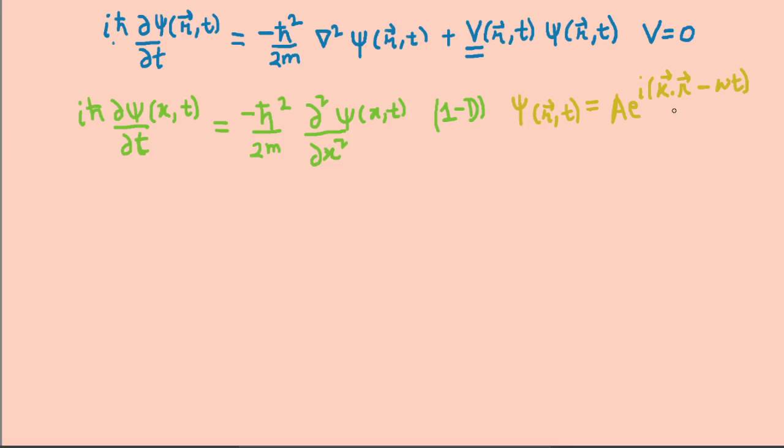So along the x direction, k dot r, the dot product of these two quantities, becomes k along the x direction and x along the x direction, which we have as kx, as here kx equals k.